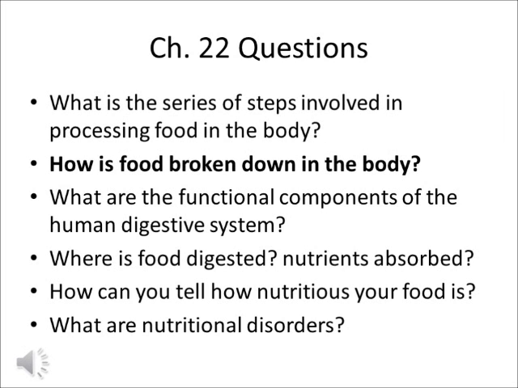The processing of food then depends on mechanical and chemical digestion. Mechanical digestion occurs by physical processes such as chewing in the mouth and churning in the stomach. Chemical digestion occurs by the reaction that uses water. Do you remember which reaction uses water to break molecules?